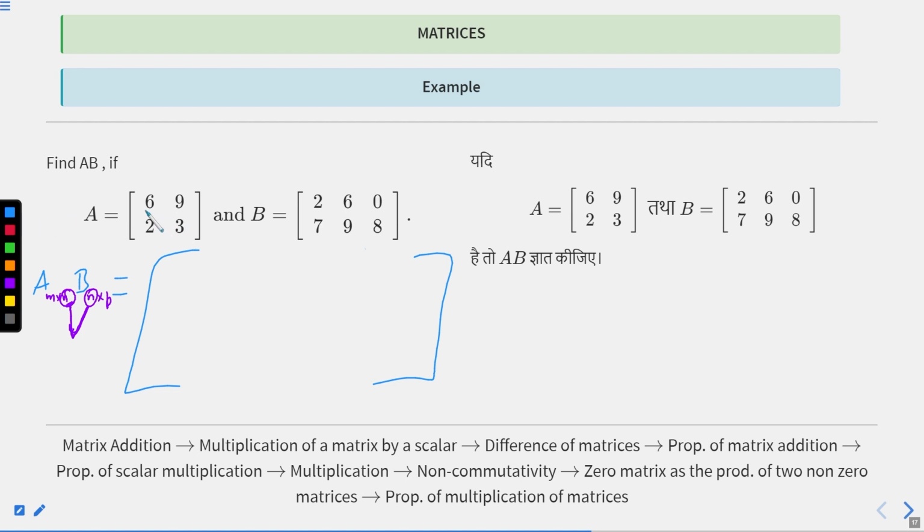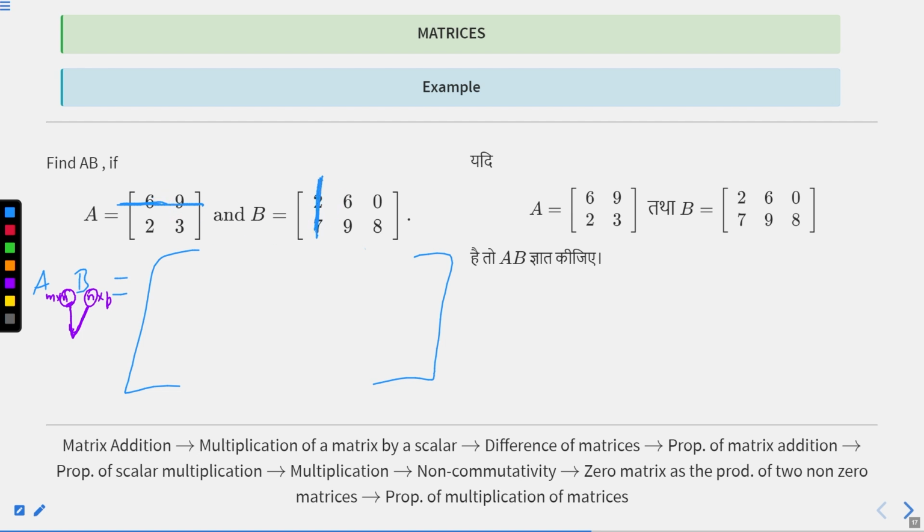Simple. Now how do we define the product? Quite simple. Put a straight line segment like this, representing the first row of A. And now put a vertical line in B at the first column.